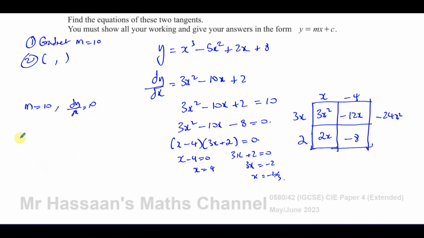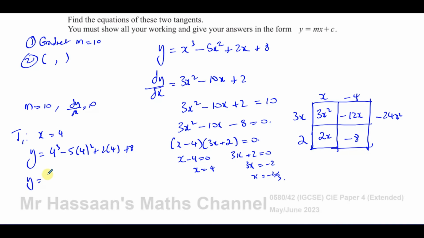So for tangent 1, we know that x equals 4. To find what y is, we put it back into this equation here. So we're going to have 4 cubed minus 5 times 4 squared plus 2 times 4 plus 8.